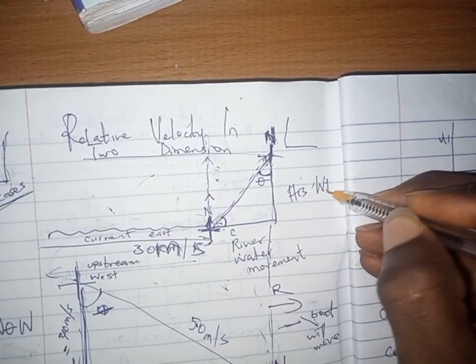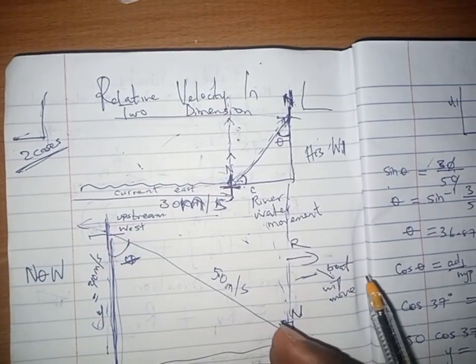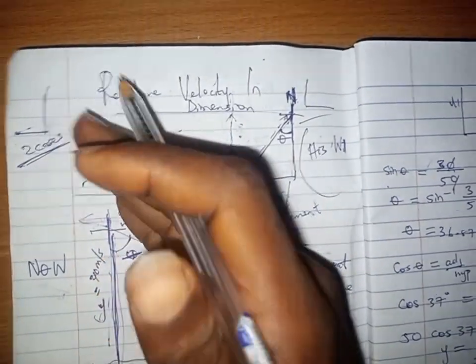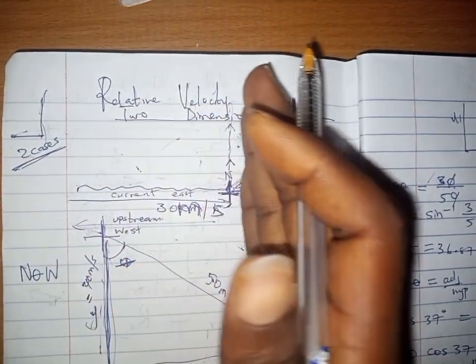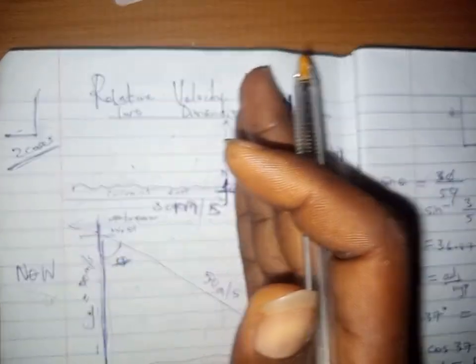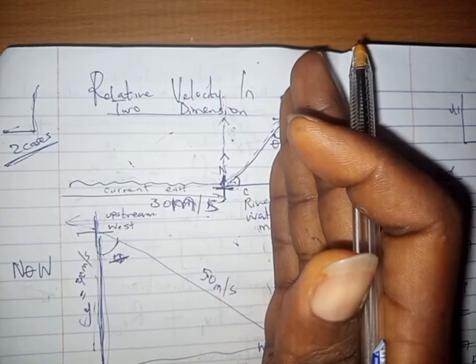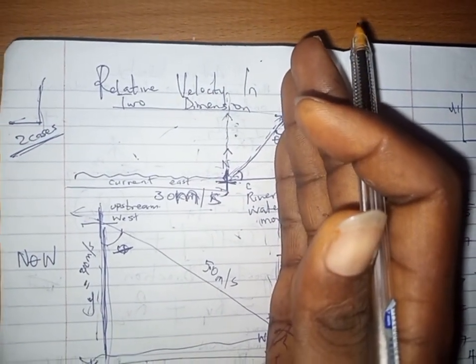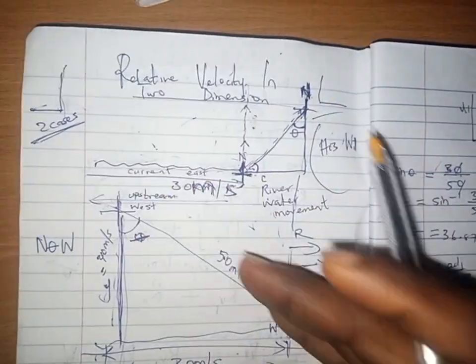He will be willing to move towards the west, and at the end of the day, the movement of the river will get him to the north. But in his own way, this is how his boat will head, and this is west.